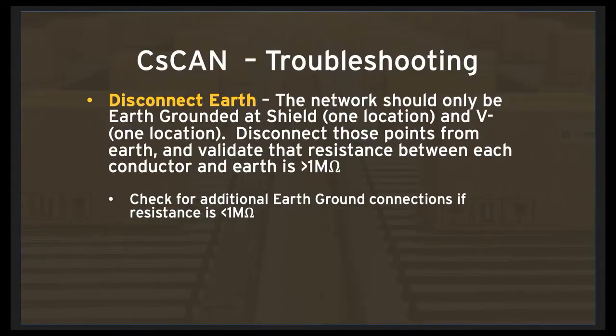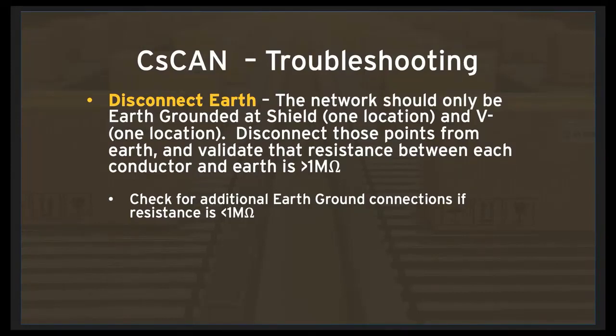So what you should do after everything is connected is go ahead and disconnect those two connections to earth, and then use your multimeter to check the impedance between your conductors and earth ground. And you should see greater than a mega ohm, because you should have an open circuit at that point.